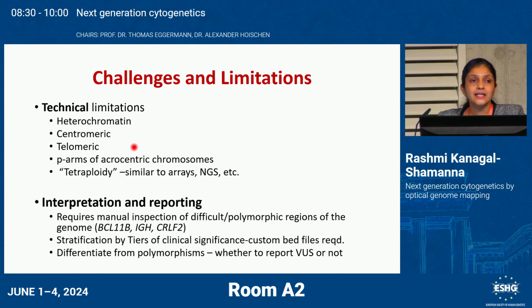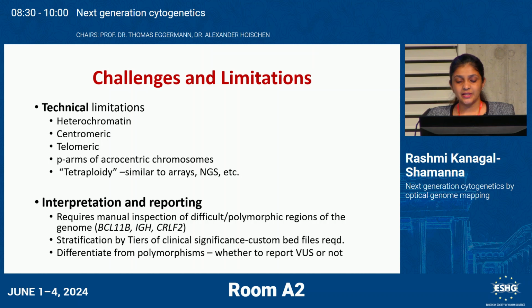And like with any bulk DNA technologies, the interpretation of high-level ploidy can be a challenge, such as tetraploidy or hyperdiploidy in B-ALL. So also keep in mind, beyond this, that when we are interpreting data from OGM, it's not just automated. It does require manual inspection.